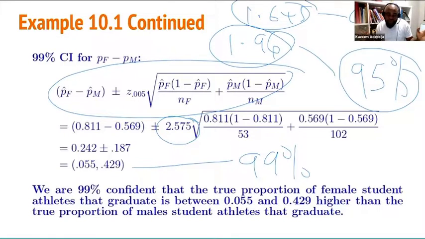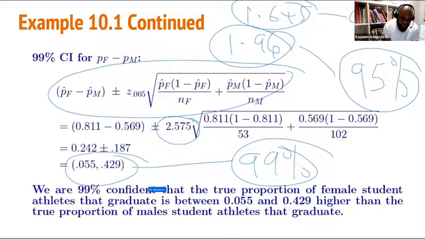I'm going to say that again. For 99%, I got this. Now, when you try to get the range for 95%, it will be narrower than the one for 99%. And the one for 90% will also be narrower than the one for 95%.